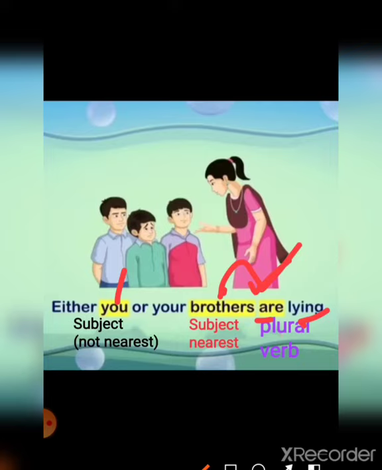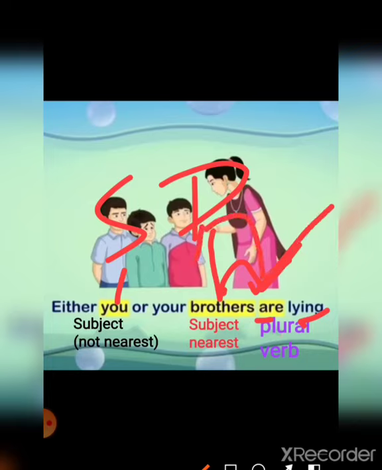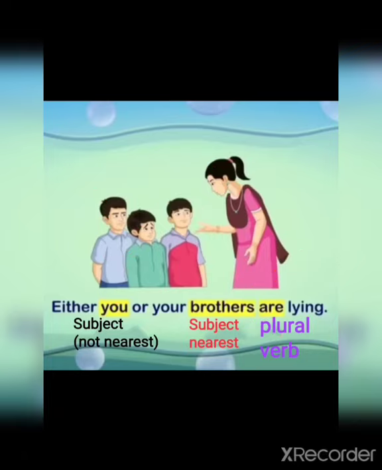Brothers is plural in number, and it is nearest to the verb. Though you is singular, brothers is plural in number. So that is why a plural verb will follow, because it is the nearest one.